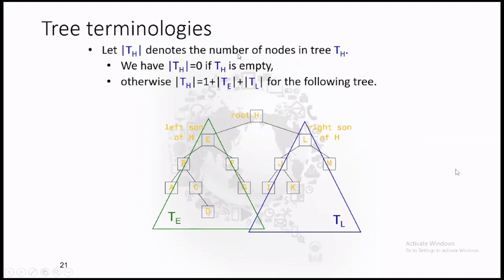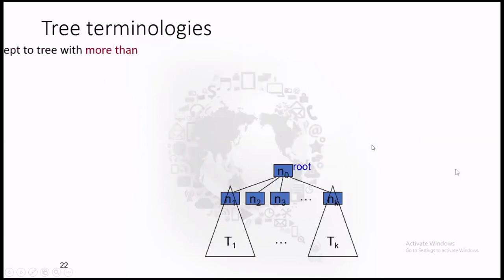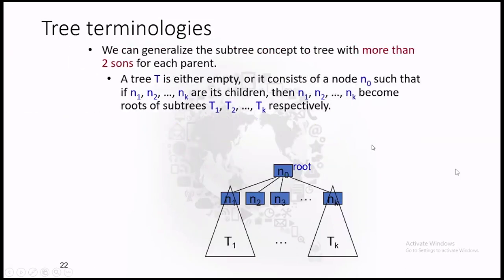Then we will know the number of nodes in the tree itself. Of course, if the tree is empty, then we say it is 0. Otherwise, it will be 1 plus the number of nodes in the part E, this side, plus the side of L over here.